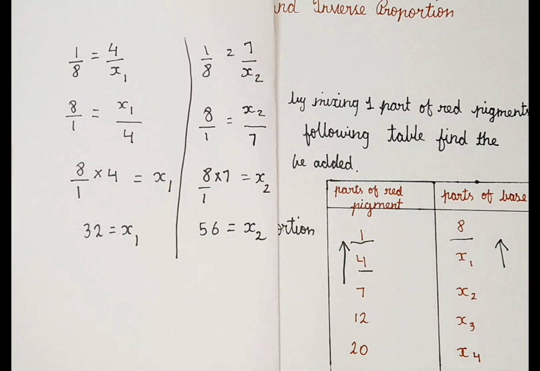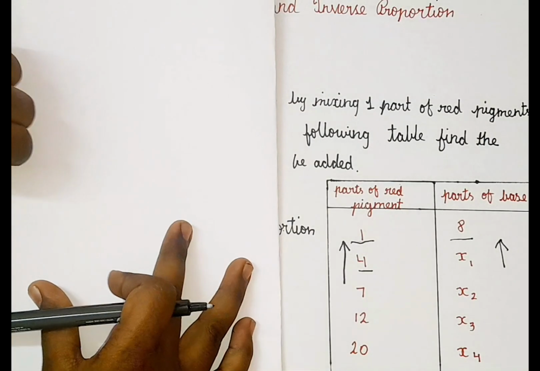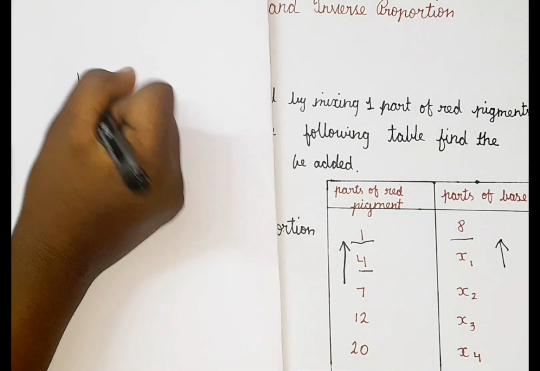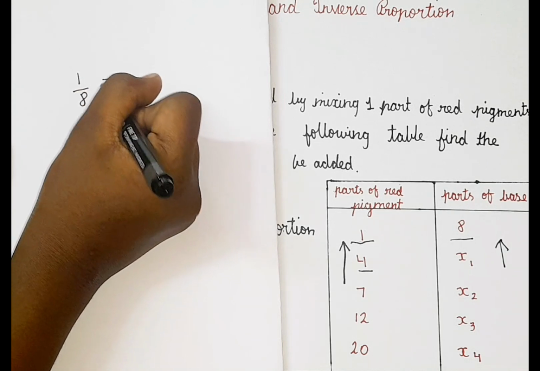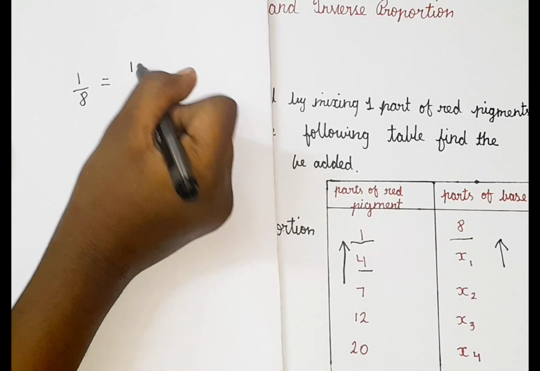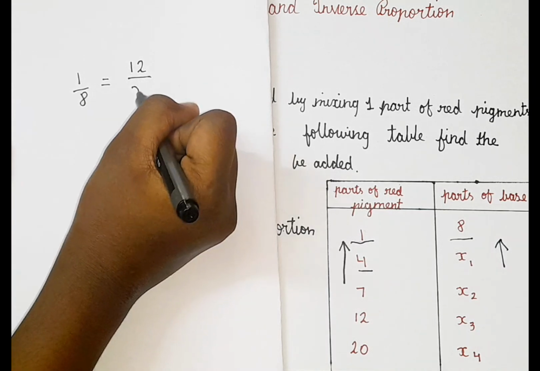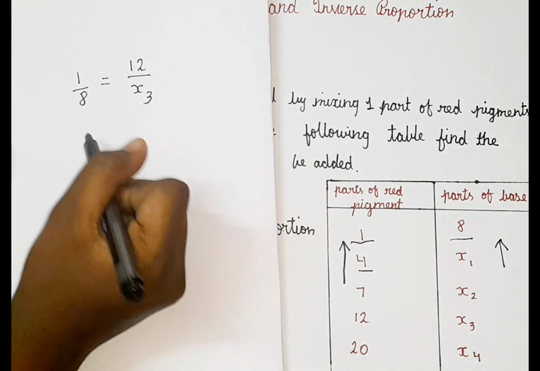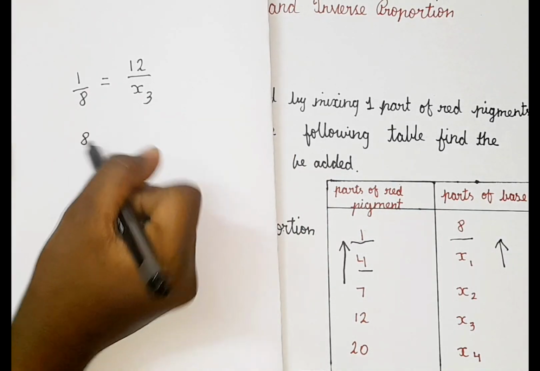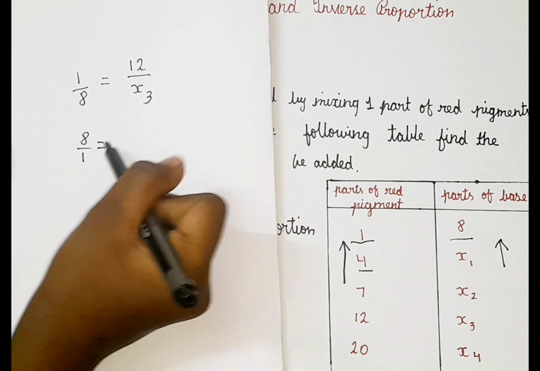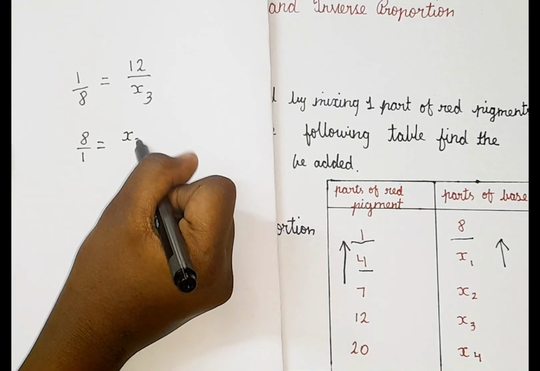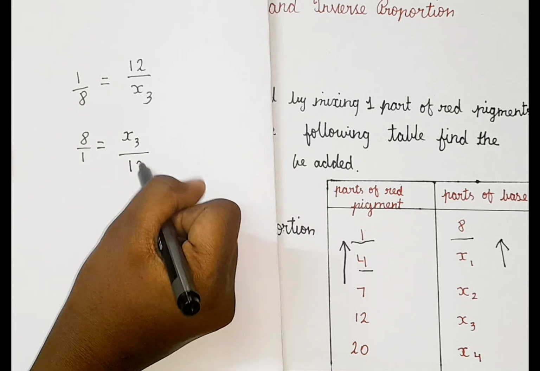For x3 also we will write 1 by 8 is equal to 12 by x3. Now, as you know, the reciprocal is needed. So 8 by 1 is equal to x3 by 12.